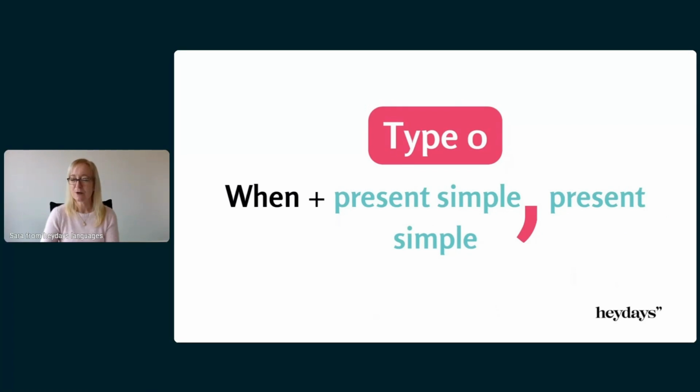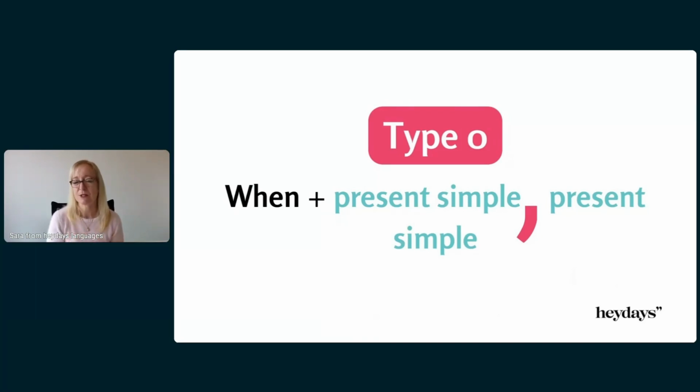Okay? Just a moment here because I'd like to introduce another word that you can only use with the type 0, and that's when. Okay? So if I take our last example, when employees feel valued, they perform better.